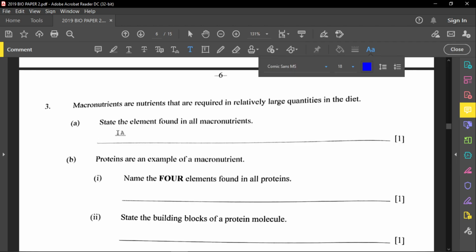So let me put C here, and C represents carbon. Just in case the question says state the elements, you may prefer to write the names out, or you can put the name and then put the symbol in brackets. So carbon, hydrogen, symbolized by H, I could put H at the front of it.